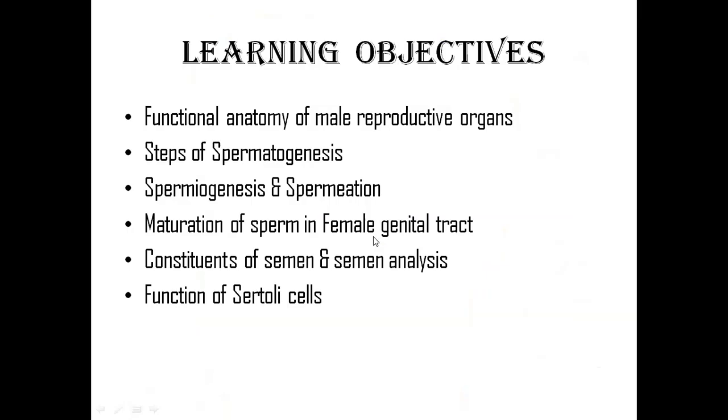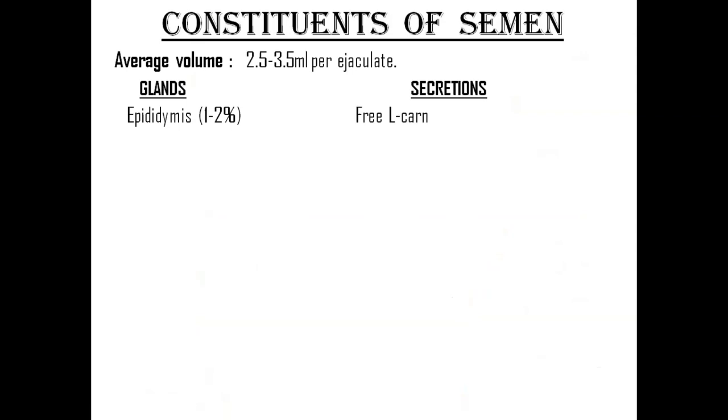So, coming to the constituents of semen, we see that the average volume of semen per ejaculate is about 2.5 to 3.5 milliliter. And we see several glands and secretions are secreting the total seminal fluid, of which epididymis has a very small percentage, 1 to 2%, and it has L-carnitine and glycerophosphocholine.